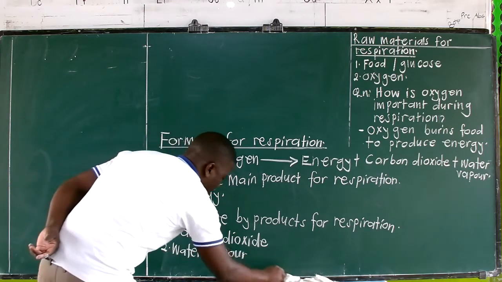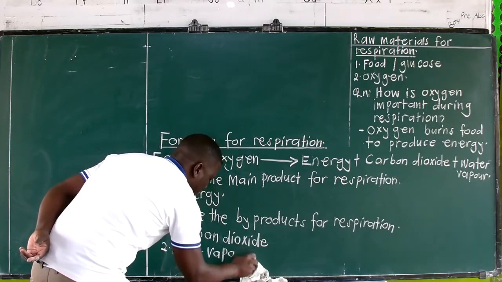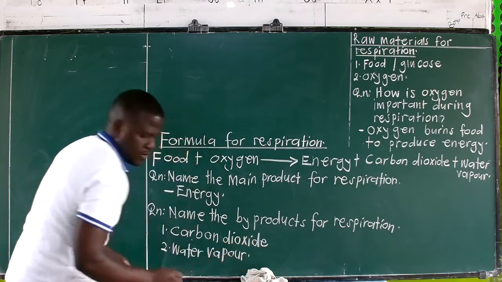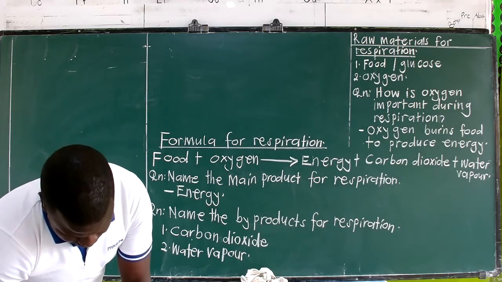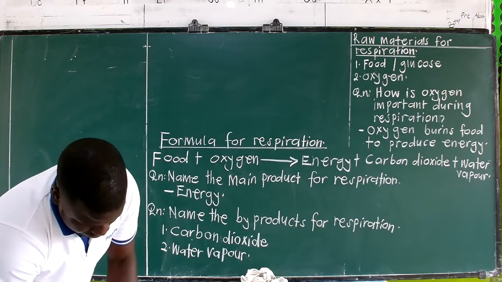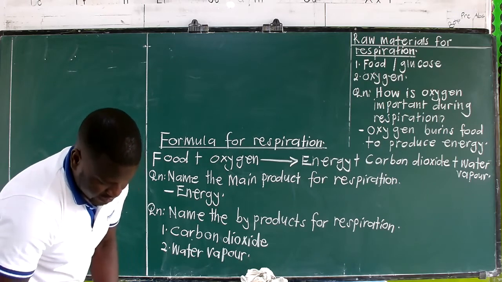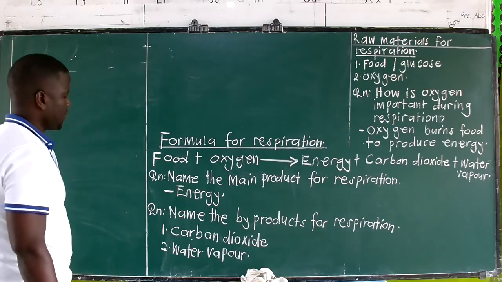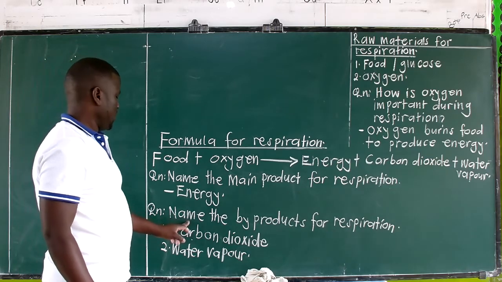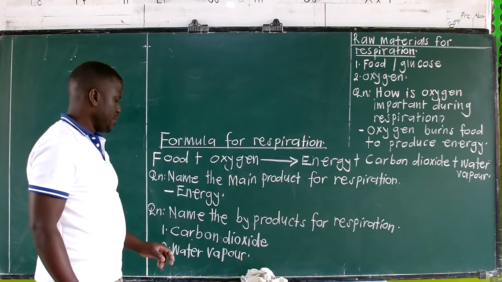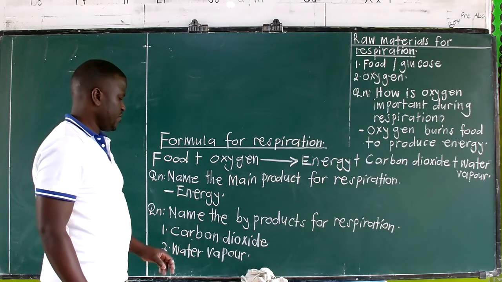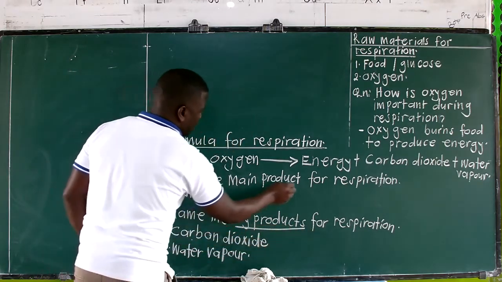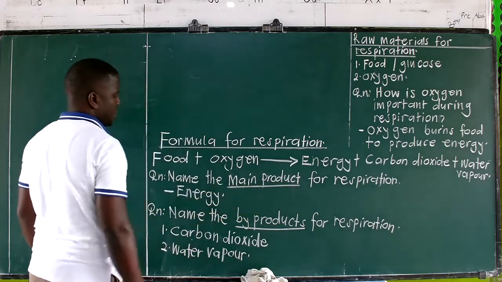Carbon dioxide and water vapor are the byproducts for respiration. So there's a difference between byproduct and the main product.